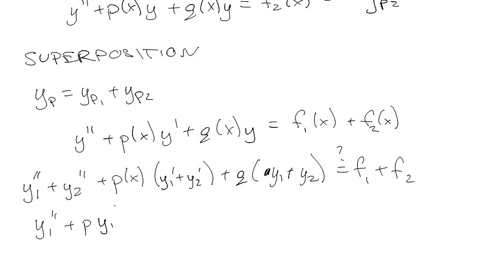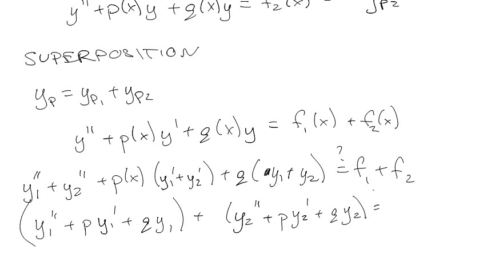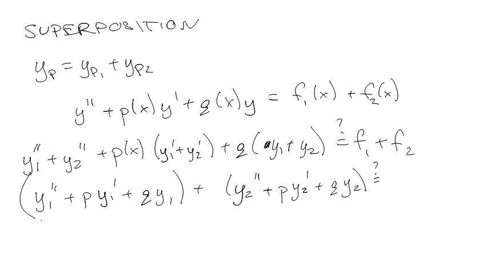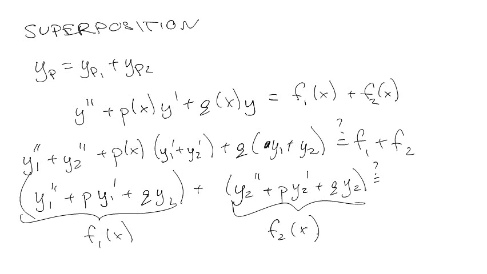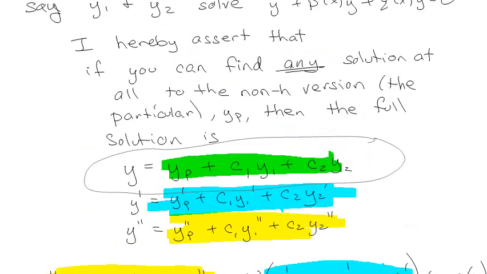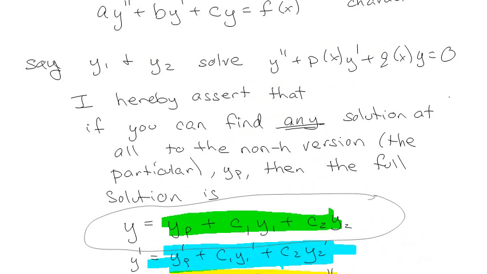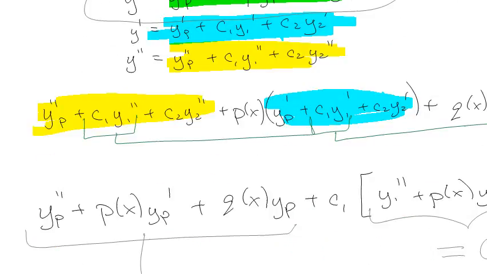So basically what I'm trying to say is there are a lot of little theorems that seem kind of arbitrary, but it's really just a question of combining like terms, and it's not shocking at all. So does that equal that? Of course, because this by definition is the solution to f1 of x, and this by definition is a solution of f2 of x. Remember one of the first things we said is that if you can find any solution to a non-homogeneous version, that's kind of cool.